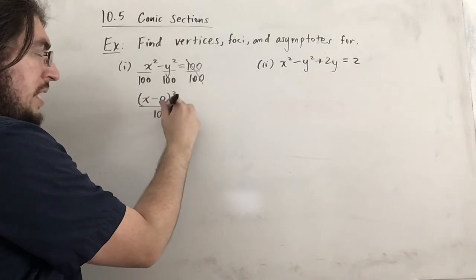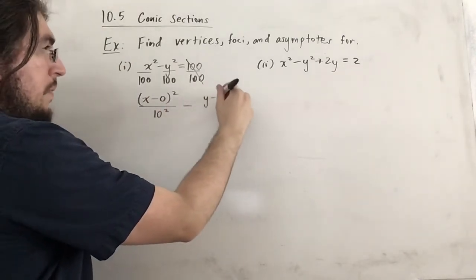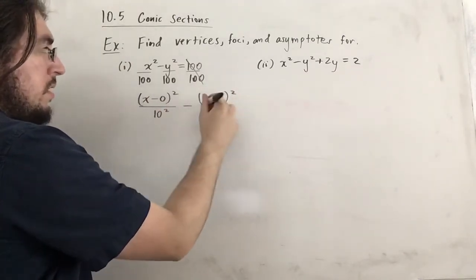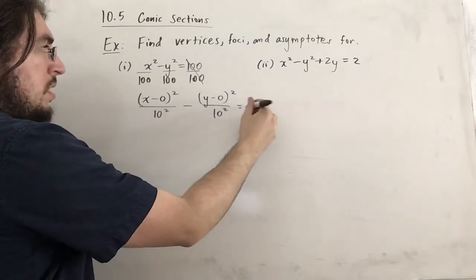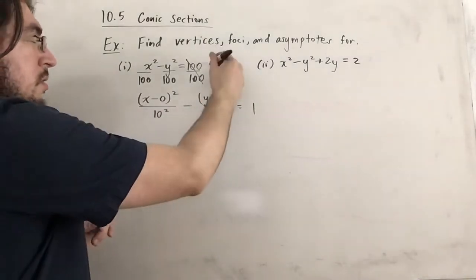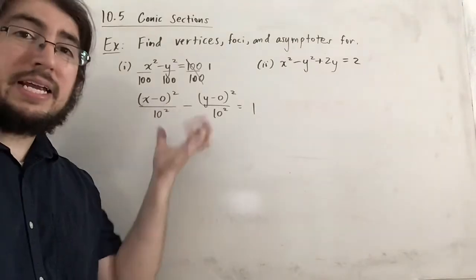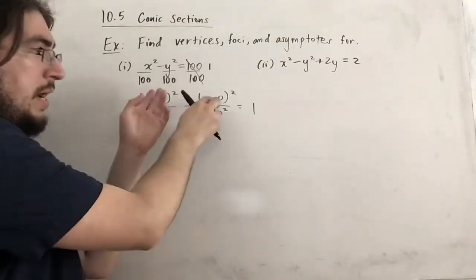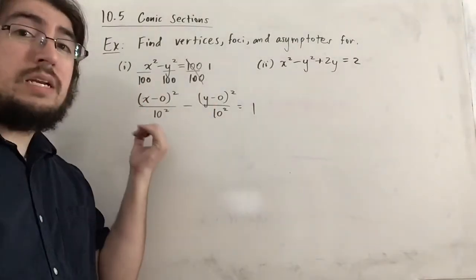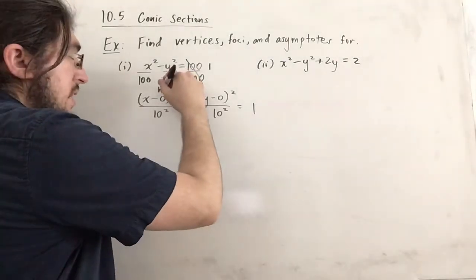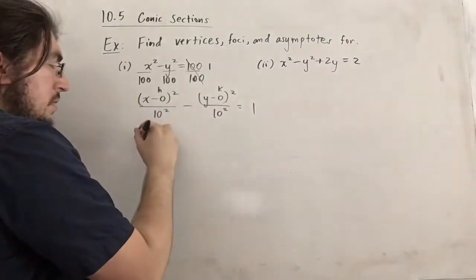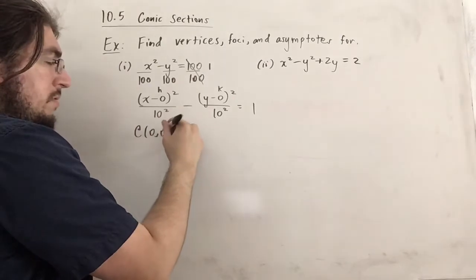Over 100 is 10 squared, minus y minus 0 squared over 10 squared as well, equals 1. So that's kind of the main goal here, to get it in this form. So notice I add the minus zeros just to understand what the center is. So remember the center is h comma k. So the center right away is going to be 0, 0.